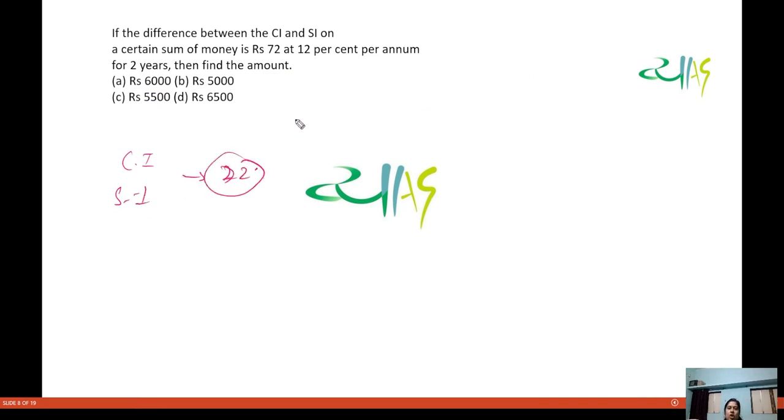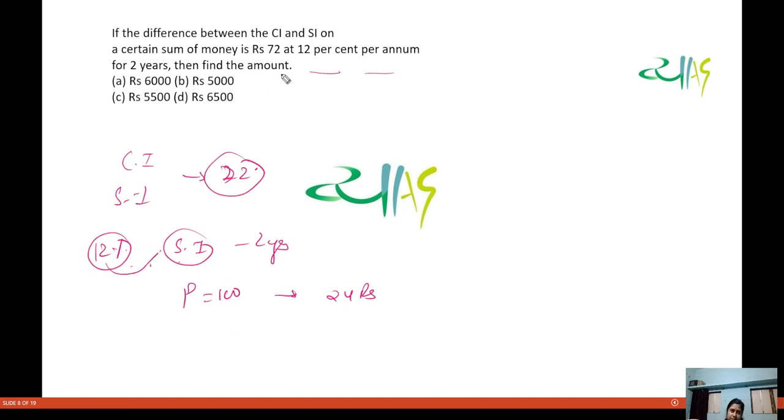So what I started doing here is calculating 12% per annum simple interest. For 2 years, when I take my principal as 100, I got 24 rupees. And similarly, for 12%, if I am calculating the compound interest, I started with 100, I took 12%. So this 12% is coming to be how much?